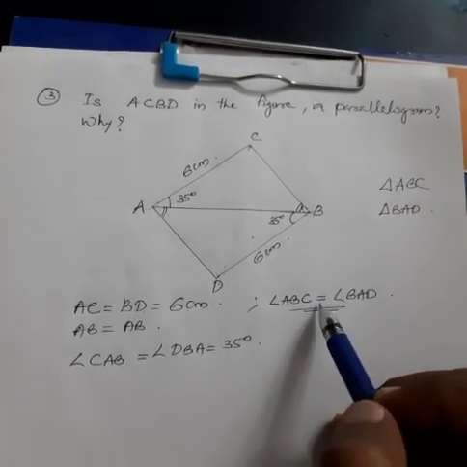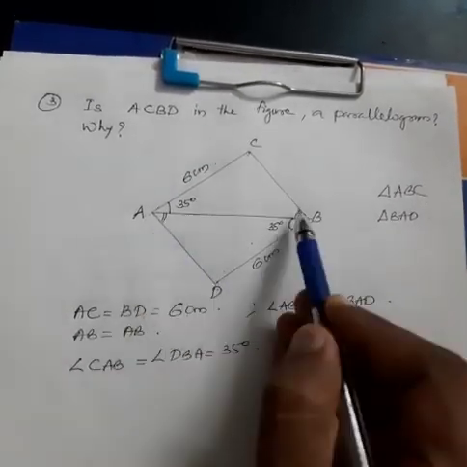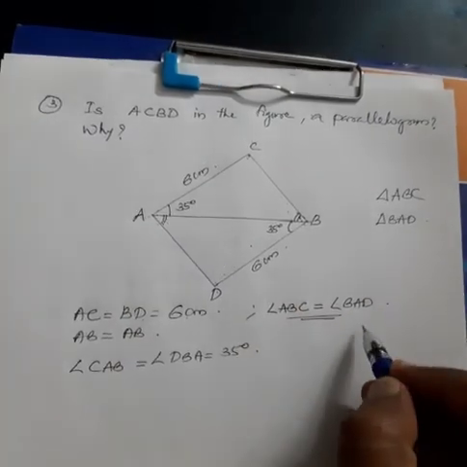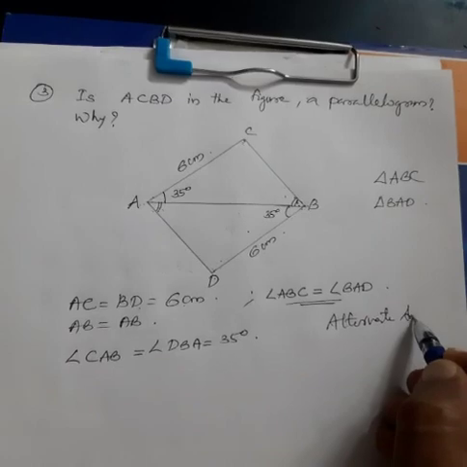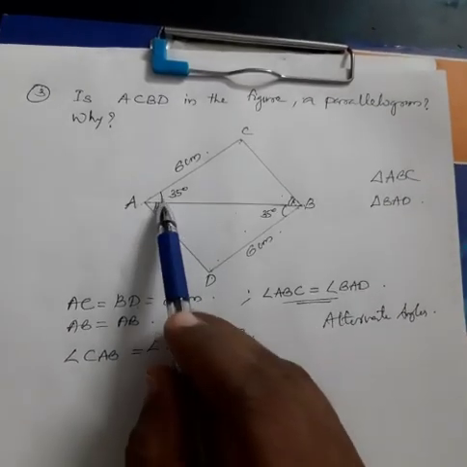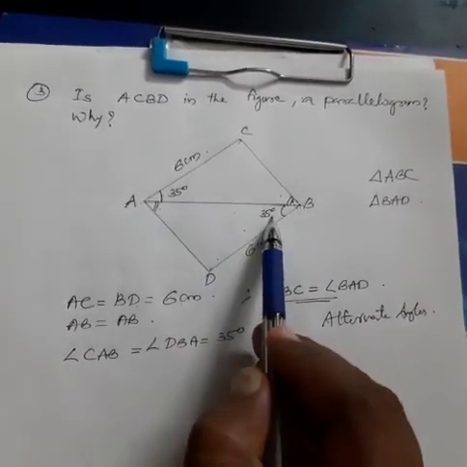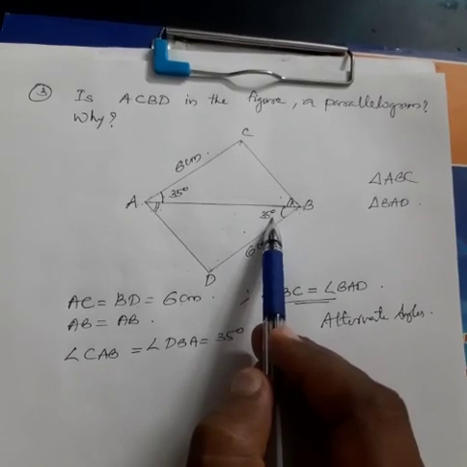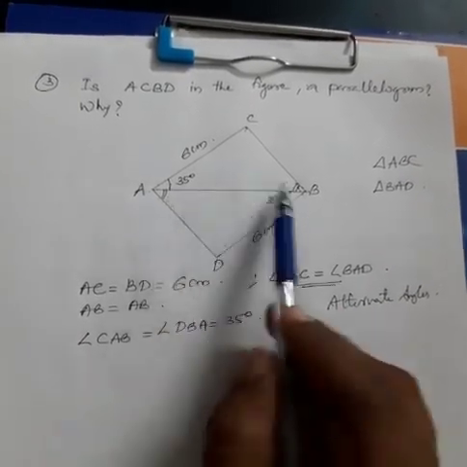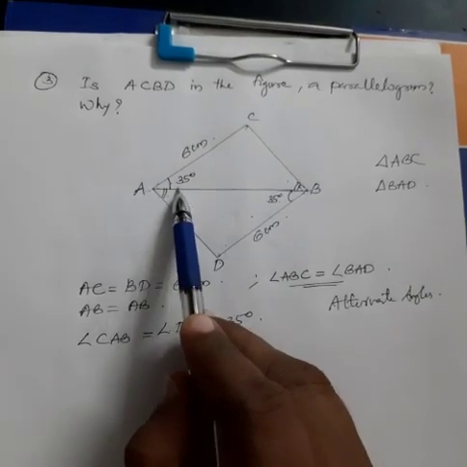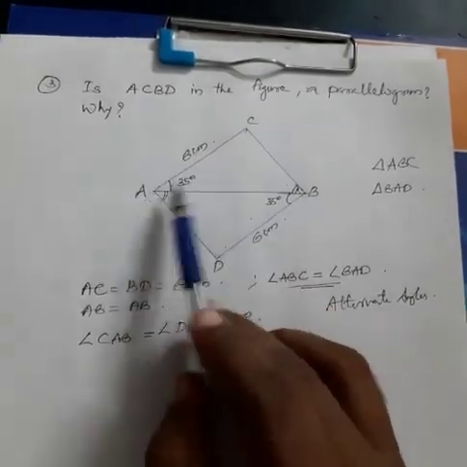And see this one, these are the alternate angles. See this also, alternate angles. So if they are alternate angles, AB is cutting these two lines.